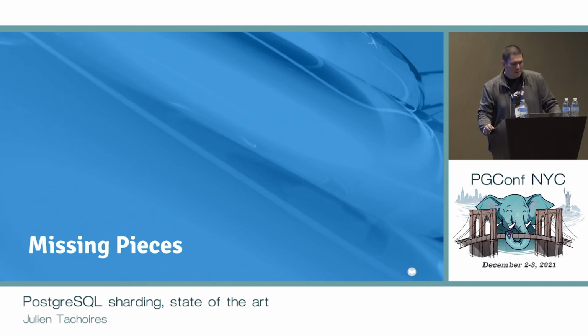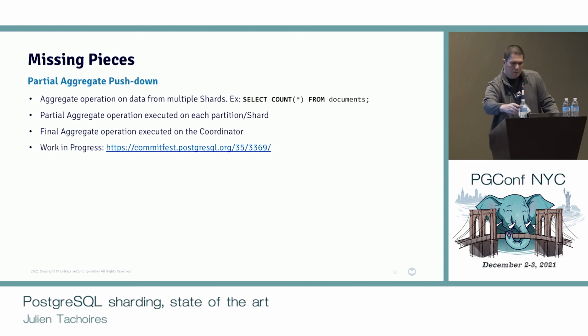So about the missing pieces of built-in sharding. Partial aggregate pushdown is the capability of executing partial aggregate operations at the shard level, and then proceeding with the final aggregation based on partial results at the coordinator level.